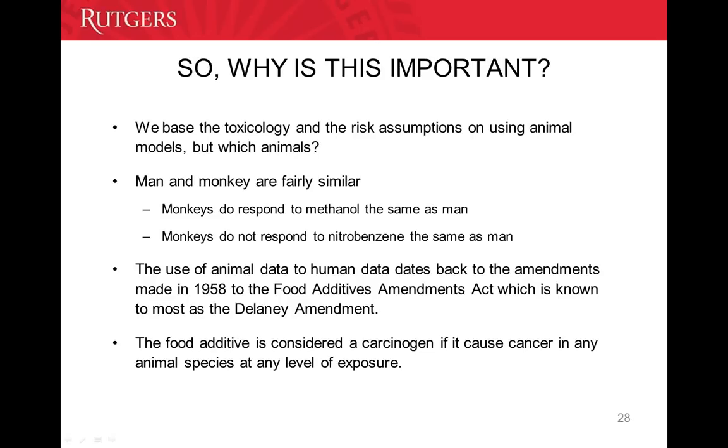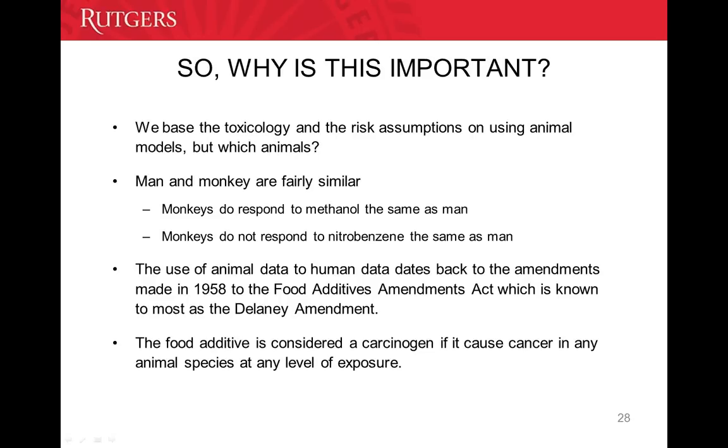The question, though, becomes, what's the best model? What best represents you and I? Is it a man or a monkey? Are they similar or dissimilar? Is it a rat or a mouse? And as an example, monkeys do respond to methanol the same as we do as humans. Monkeys do not respond to nitrobenzene the same as a man.